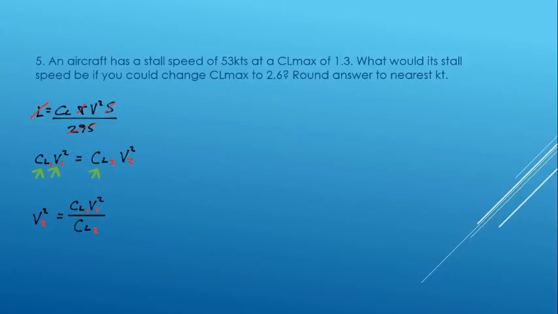Simplify the formula. We take the square root of both sides. And when we take the square root of both sides, we wind up with eliminating the squared on the velocities, but putting a square root over the coefficient of lift 1 divided by coefficient of lift 2.